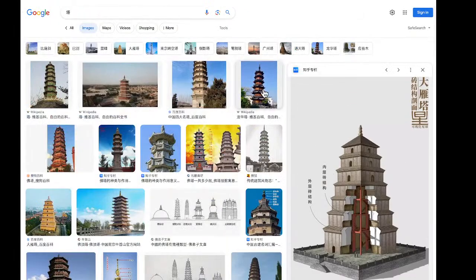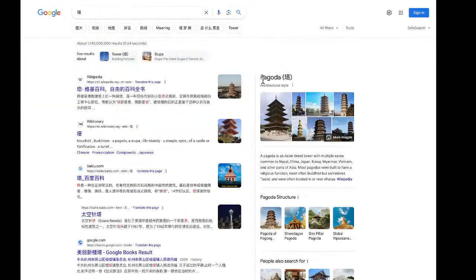So specifically, this type of Asian tiered tower with multiple eaves, but also just towers in general. Like the Space Needle is called 太空针塔. There you go. The Space Needle Tower.